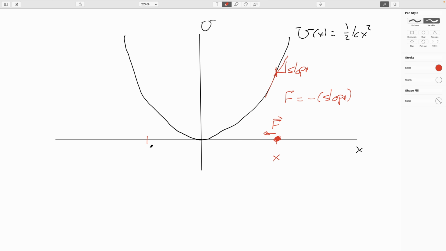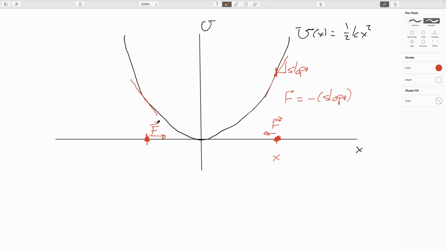Similarly, if my object were located over here on the number line, I go look at the corresponding point on my potential energy graph. I look here and say, oh, hey, the slope is negative, but the force is minus the slope, so it'd be positive. Now, positive force means that it would be pointing to the right.